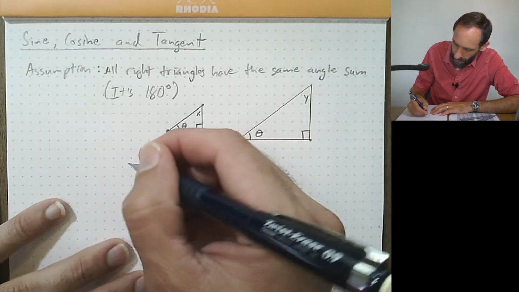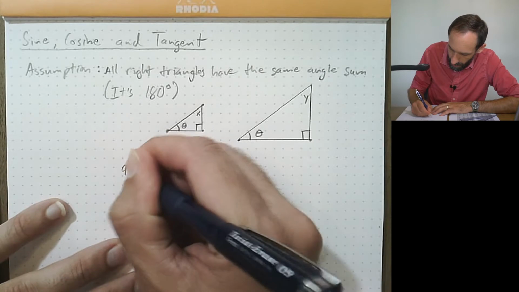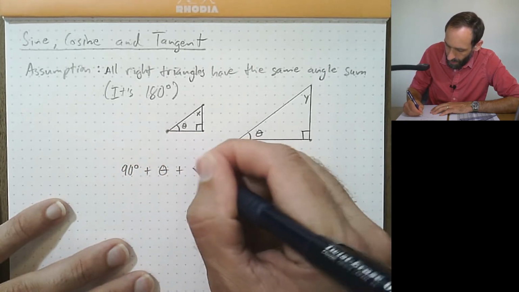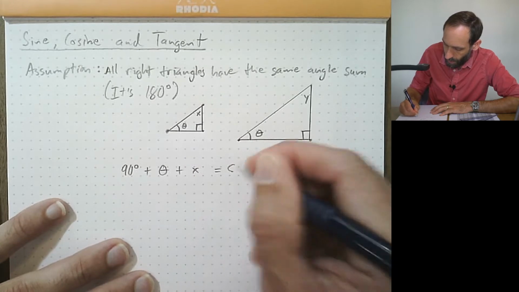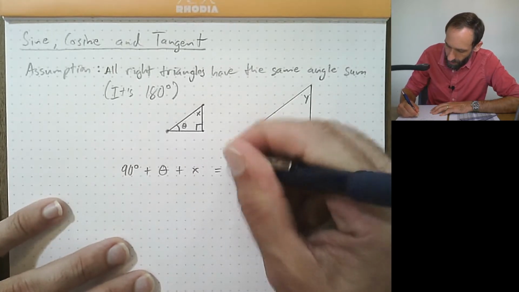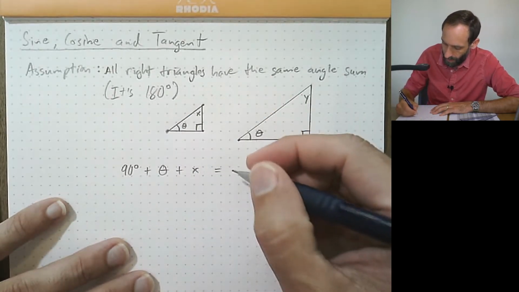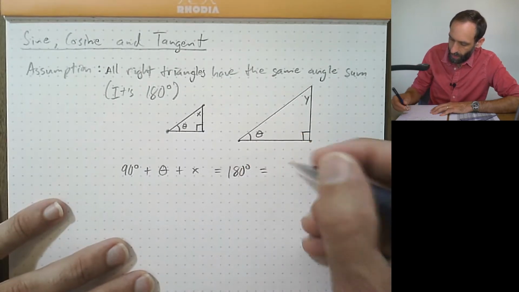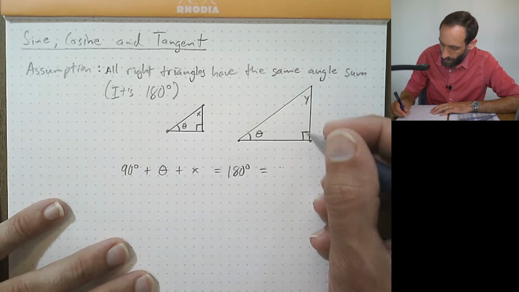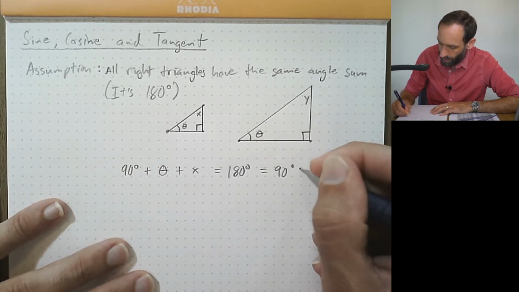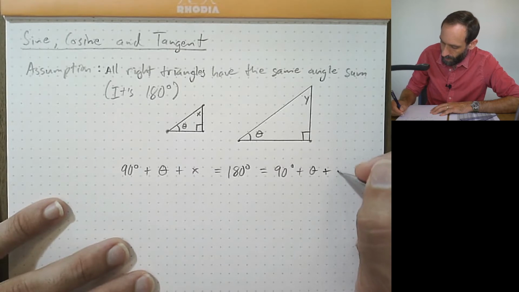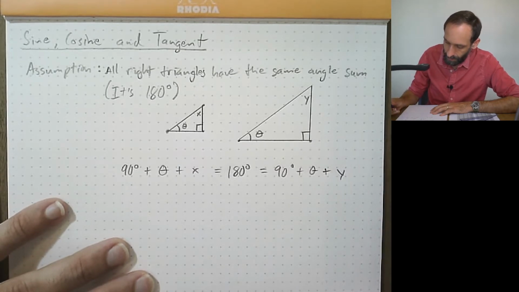Well, if we can say that 90 degrees plus theta plus x is equal to 180 degrees, which is what we're claiming is the angle sum of all right triangles, 180 degrees, which is also equal to, in this triangle, 90 plus theta plus, in this case, y.